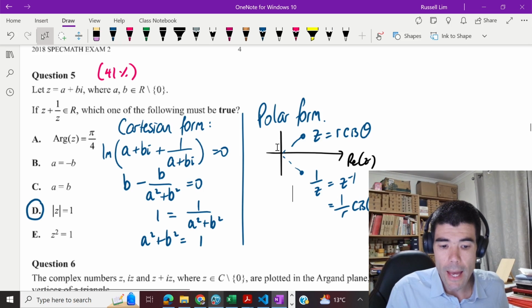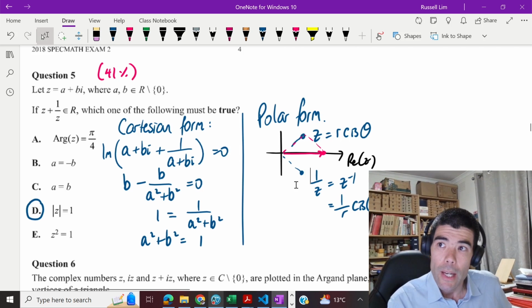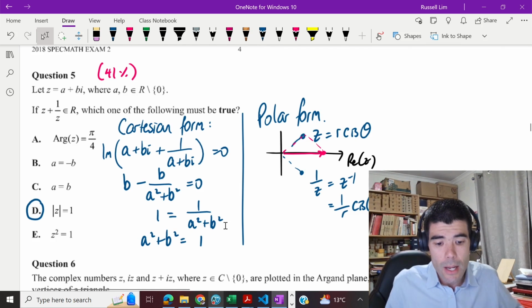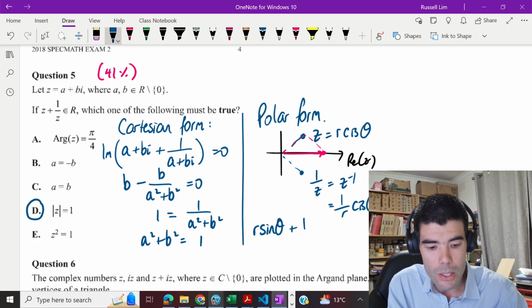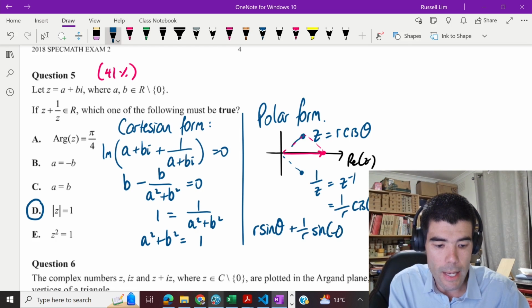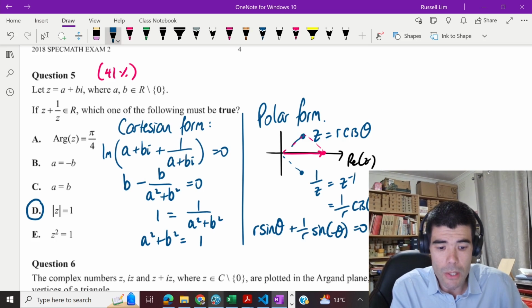What we want is that when we add these two complex numbers together, we end up on the real axis. We could recognize that's only going to work if their lengths are equal. If one is shorter than the other, we're not going to end up on the real axis. But looking at it algebraically, once we expand out the r cos theta plus r sine theta, if we want the imaginary part to be 0, we want r sine theta plus 1 on r sine negative theta to be 0, because the imaginary part must be 0.